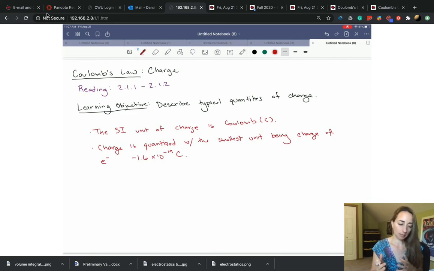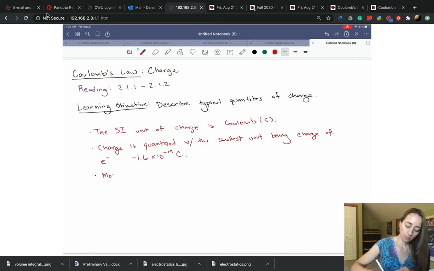Because that's a small number, if you were to charge an object by friction, which is what you typically see in a physics class, but also is typically how people interact with charge. So for example, if I were to rub my feet along a carpet and generate some static electricity, that would be charging by friction.